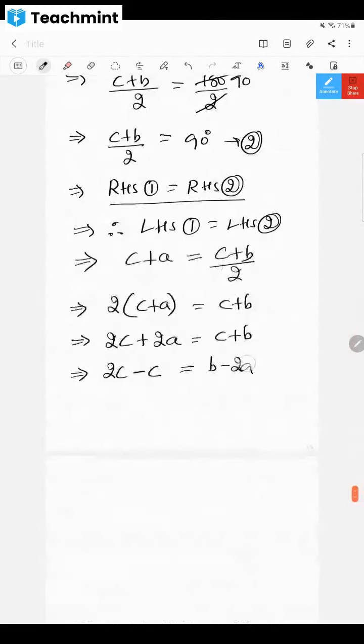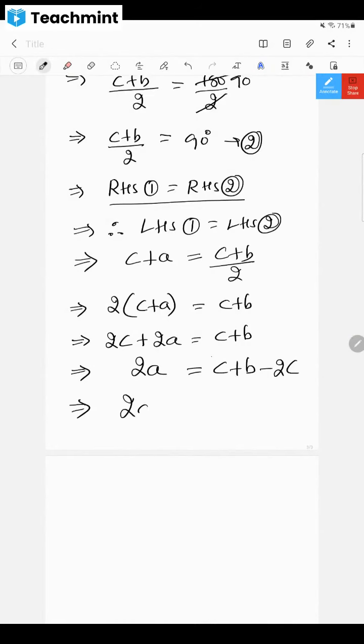So instead of doing this, I want to keep A here only. I will keep 2A here and send 2C and all that to the other side. So it becomes C plus B minus 2C, no? Just check whether it is correct or not.